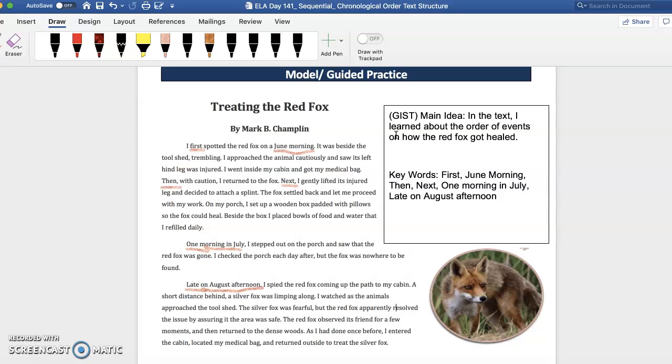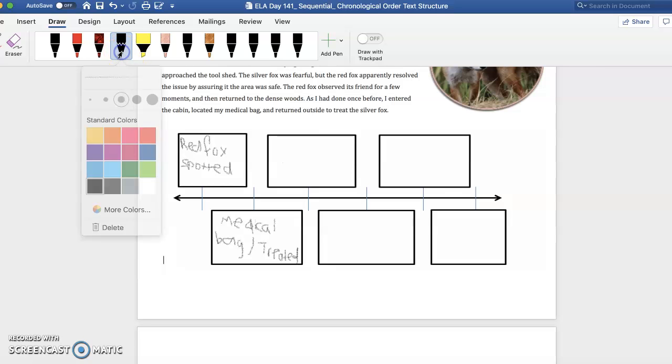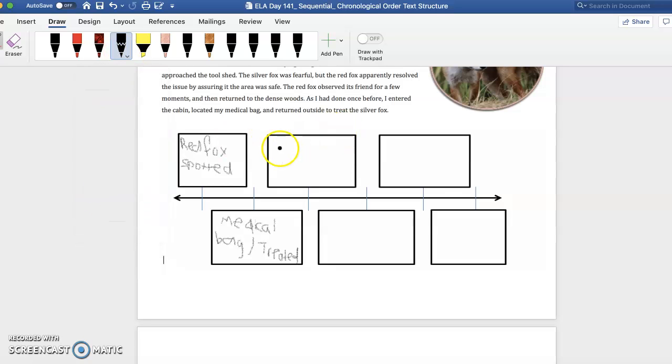Okay. After that, guys, we see that it says, on my porch, I set up a wooden box padded with pillows so the fox could heal. And then he placed food and water. So we know that now the red fox is being taken care of, right? So the red fox is being fed and taken care of, okay?